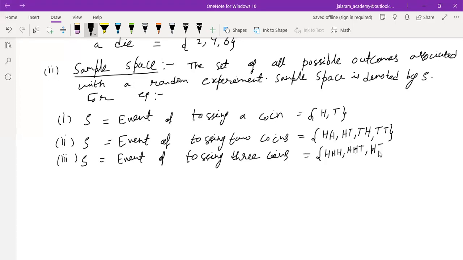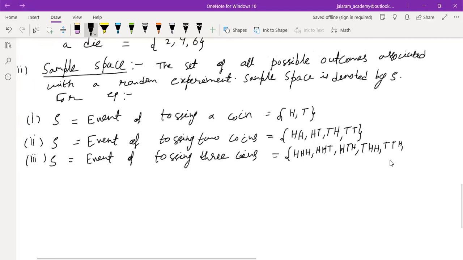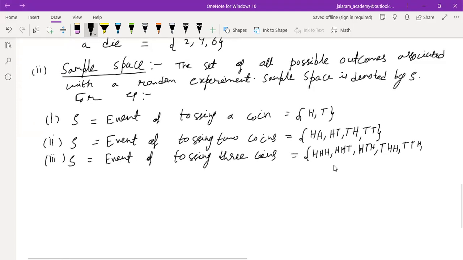Again, head, tail, head, then tail, head, head. Then 2 come up with tails and 1 with head. There will be 2 other cases also: 2 tails, 1 head, or first head, next tails. Then 1, 2, 3, 4, 5, 6, 7. And the last one is TTT. There will be 8 outcomes.